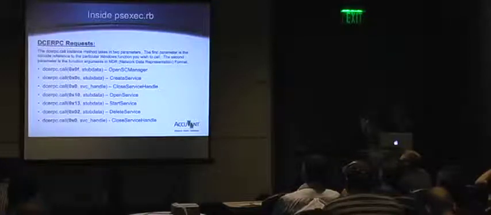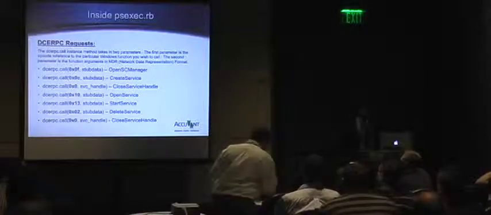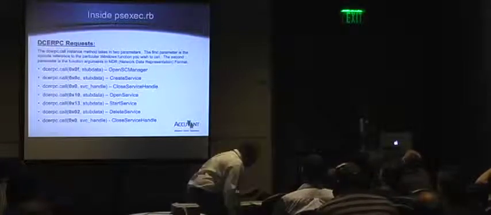And we can see sequentially the calls that Psexec makes to open SC Manager, create service, close service handle, open service, start the service, delete the service, close the service handle. So a lot of the stuff that we're doing is really interesting magic that's just using the native Windows functionality.